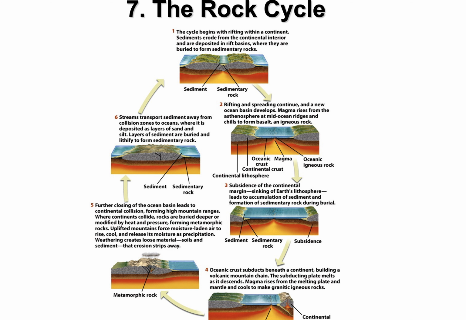Here we have the summary of our cycle. We are starting with number 1, the rifting of a continent, which is followed by continuing rifting and spreading, and the emplacement of hot magma below the ocean crust at the spreading center. Then number 3, the subsidence of the continental margin, the sinking of Earth's lithosphere, and the accumulation of sediments.